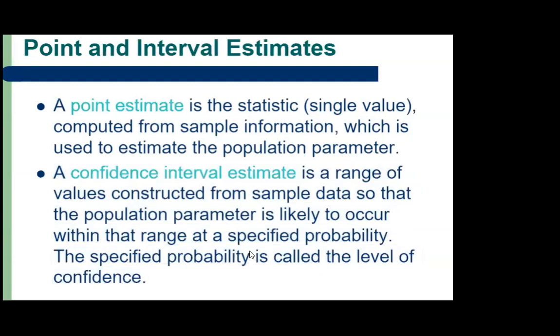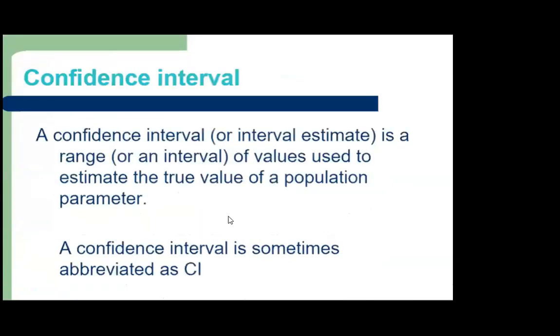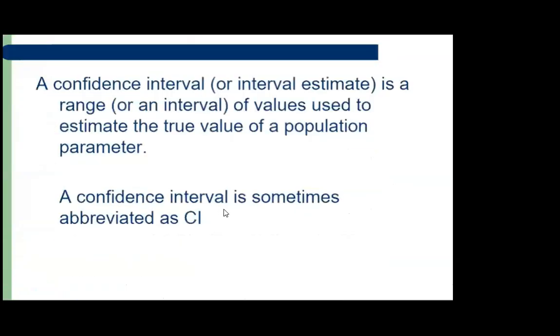Let's explain that, because just looking at a definition is not easy to understand. Another way of explaining it: a confidence interval, or interval estimate, is a range of values used to estimate the true value of the population.